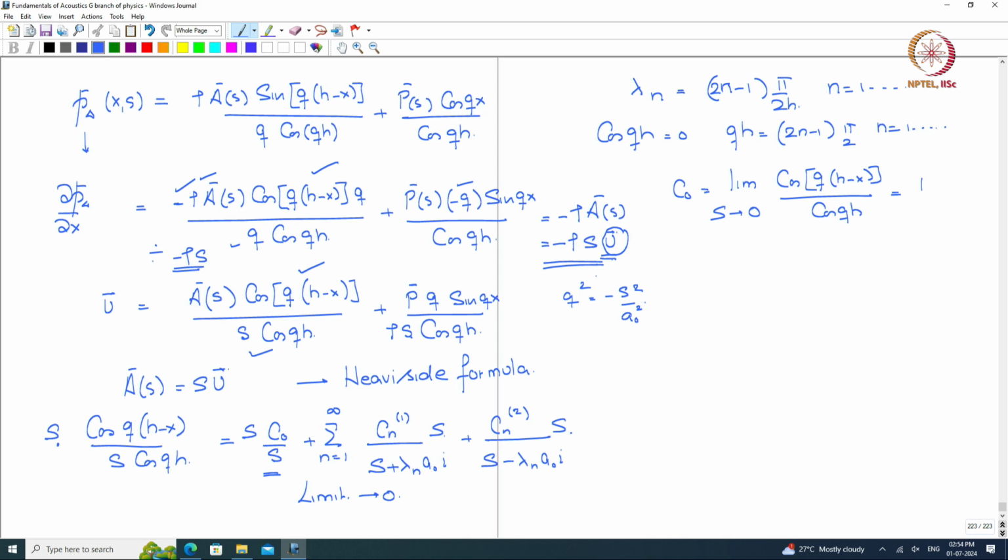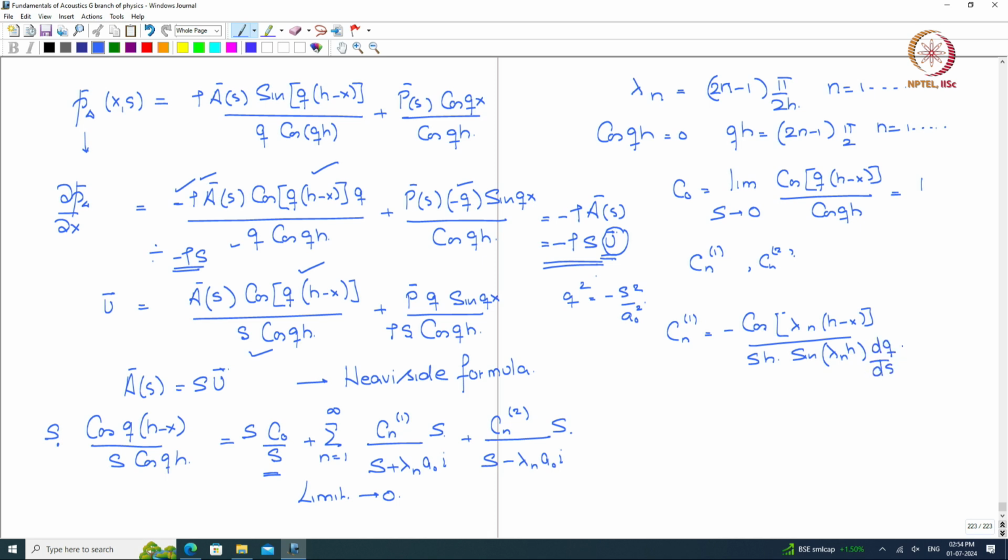Okay. So similarly you can find Cn1 and Cn2. For example, Cn1 is minus cos of lambda n of h minus x by s h sin lambda n h dq by ds.